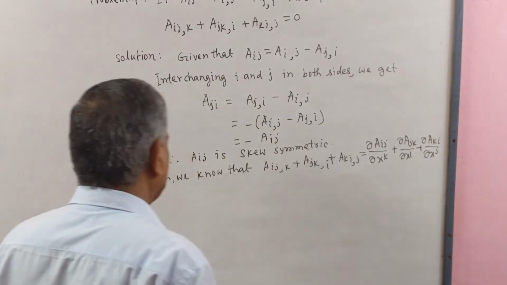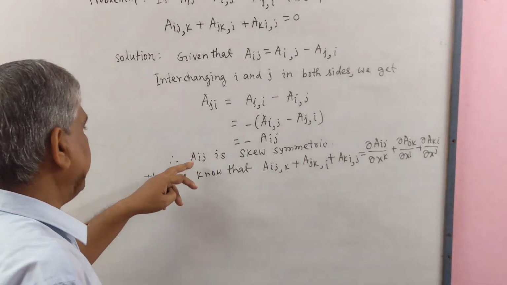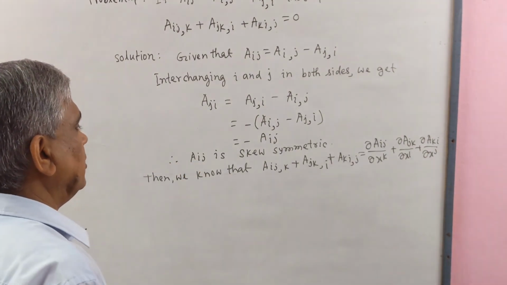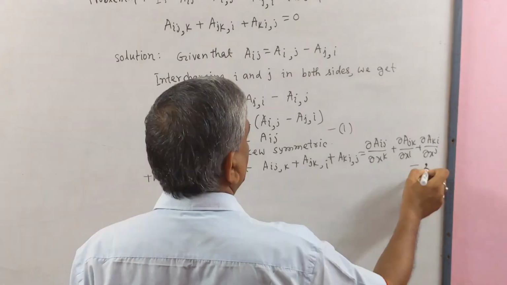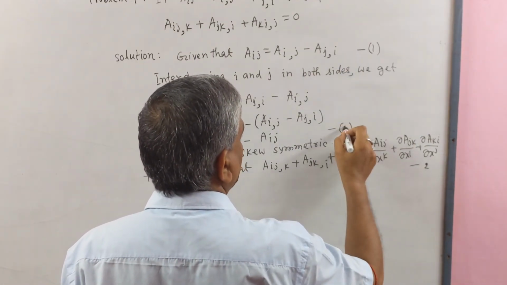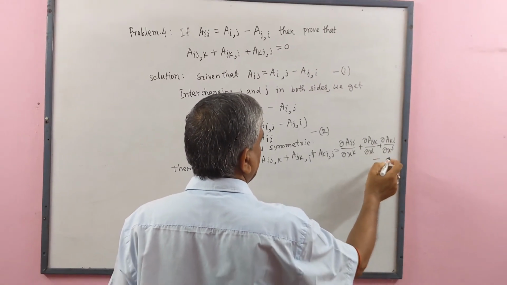This is for the property of a_{ij} to skew symmetric. This is number 1, this is number 2, this is number 3.